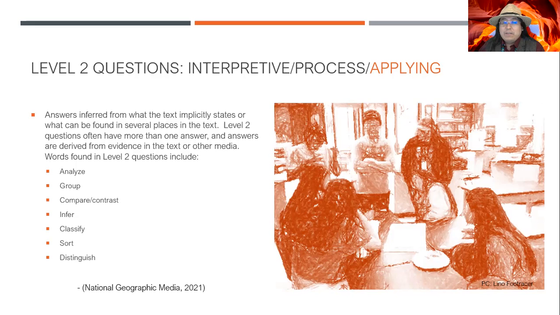And words found in level 2 could be like analyze, group words, compare, contrast, infer, classify, sort, or distinguish. One of the things I like to do as a teacher for my warm-up, the first 5 minutes as students walk in the door, I have them do an anticipatory set.